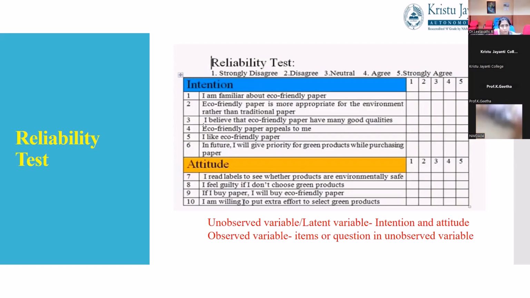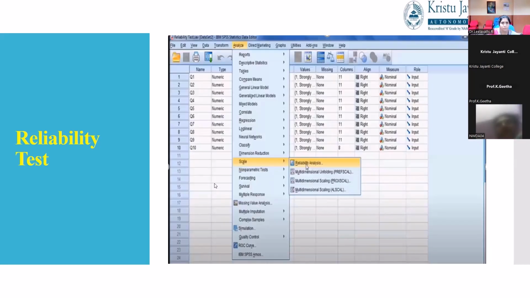Any doubt, dear participants? No, ma'am. Okay. So intention and attitudes are unobserved, and whatever items we have are said to be observed variables.